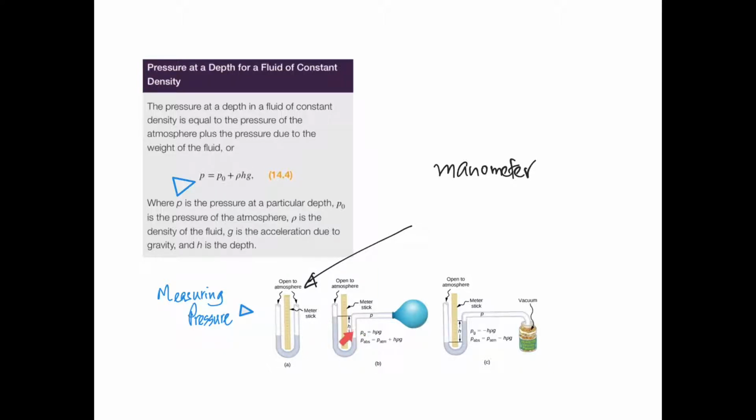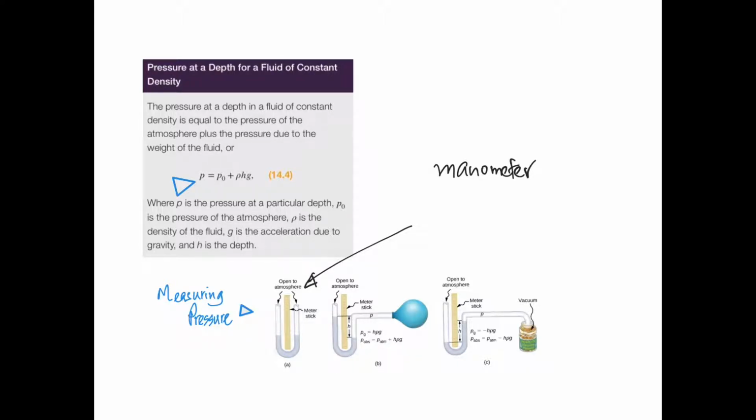And so by finding the difference in heights between the liquid levels there, you can calculate the pressure to be H rho g. Now that is the pressure difference. That's not the actual pressure. To get the actual pressure, you have to add the atmospheric pressure.